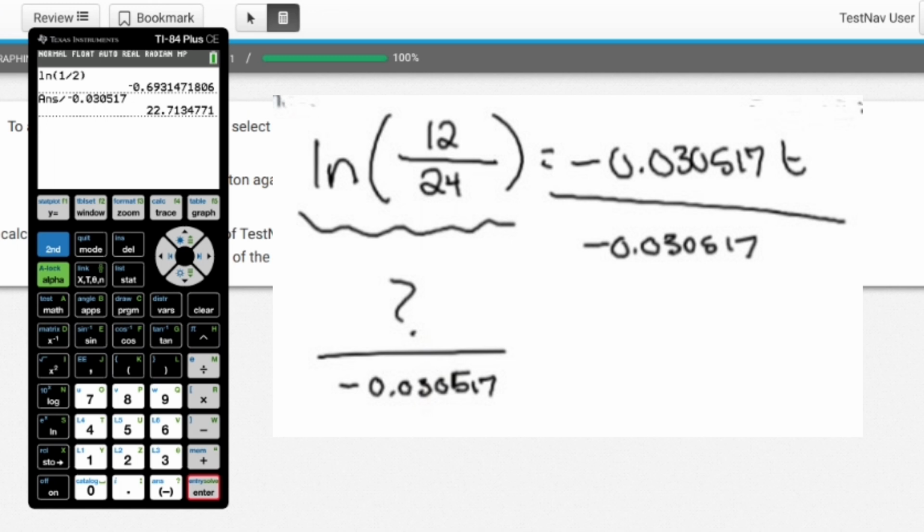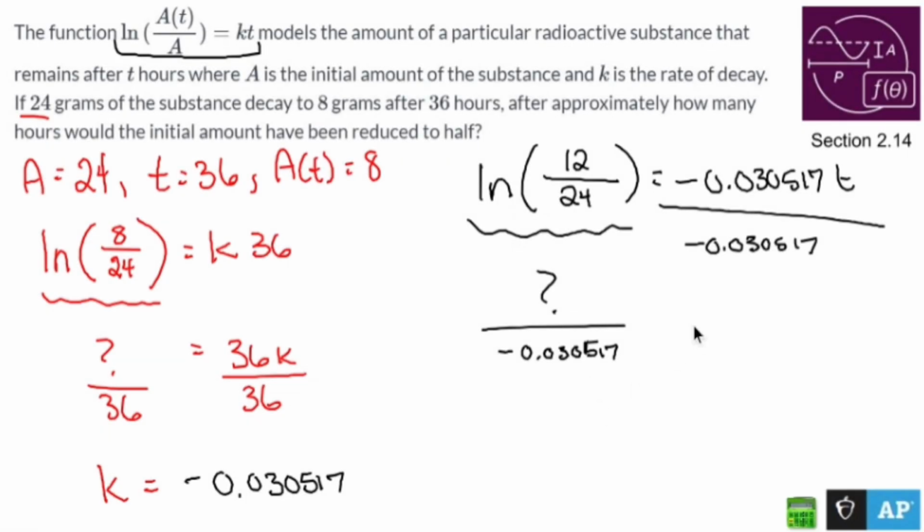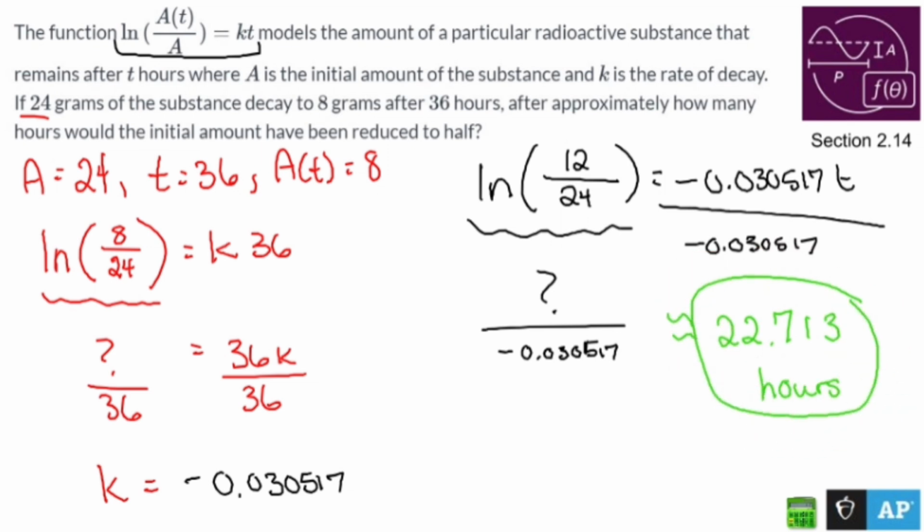So let's go back, write down our final answer. We can be done with this terrible problem. We ended up with 22.7134 or whatever. So 3 decimal places is standard for AP, so we'll go with that. Gross.